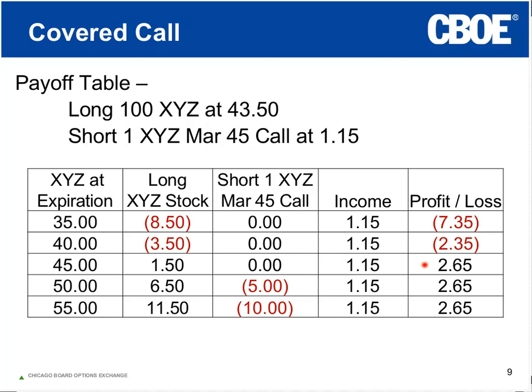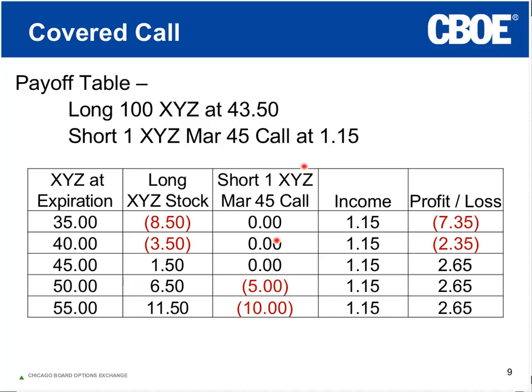Note from 45 and higher, we have a maximum potential profit here of $2.65, and that $2.65 is the maximum that we can make off of this position. Above 45, there's value in that short 45 call, and that value offsets the gain that we would have on our long stock position.